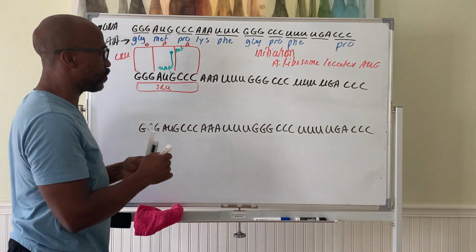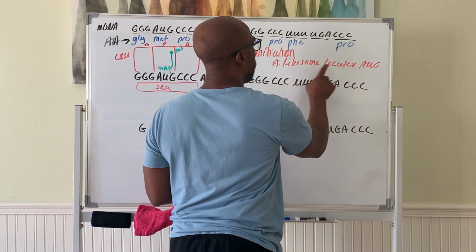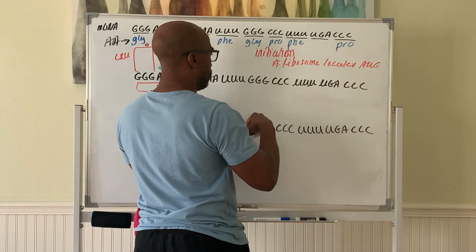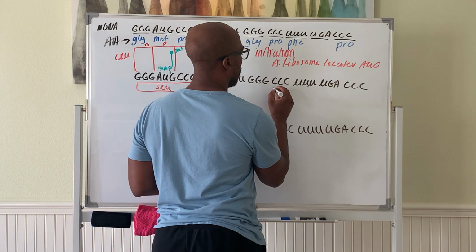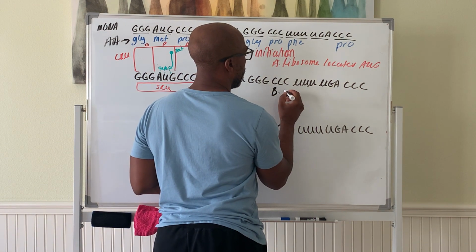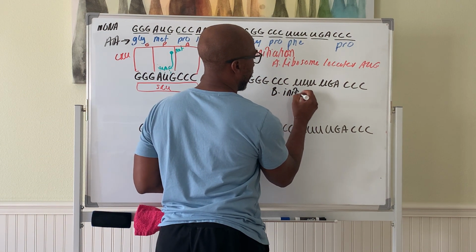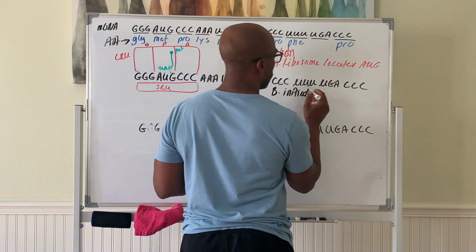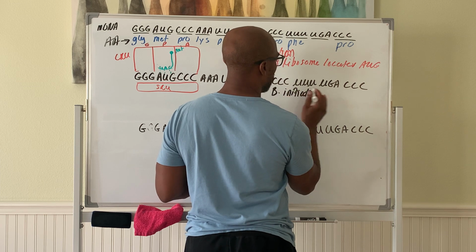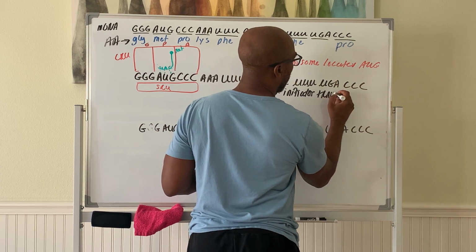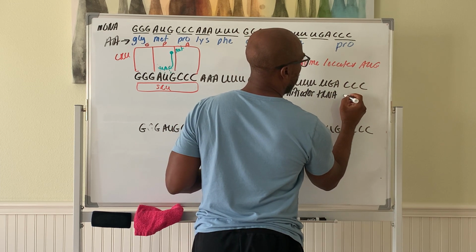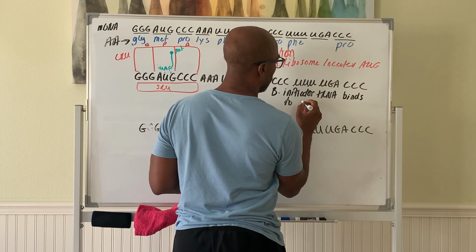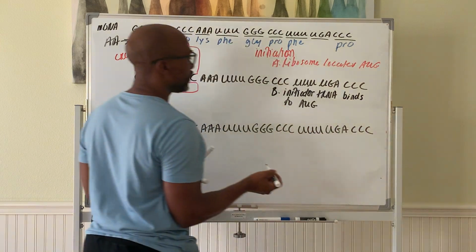So let's summarize that. A, the ribosome locates AUG. B, the initiator tRNA, which is always the tRNA that's linked to AUG, binds to AUG.